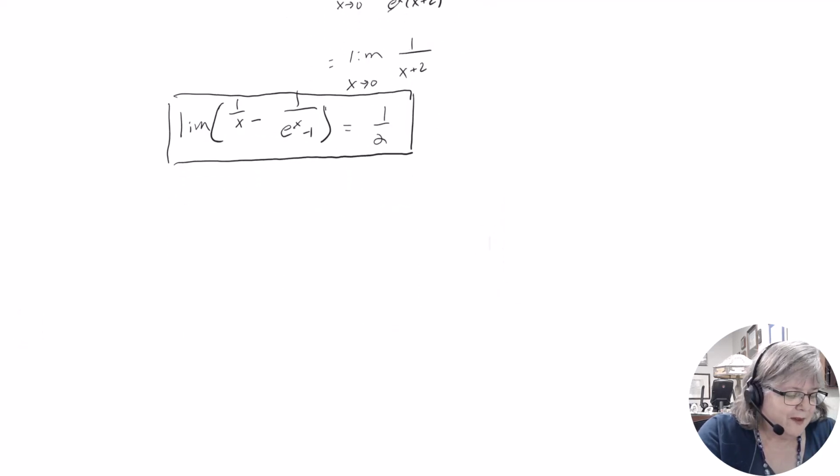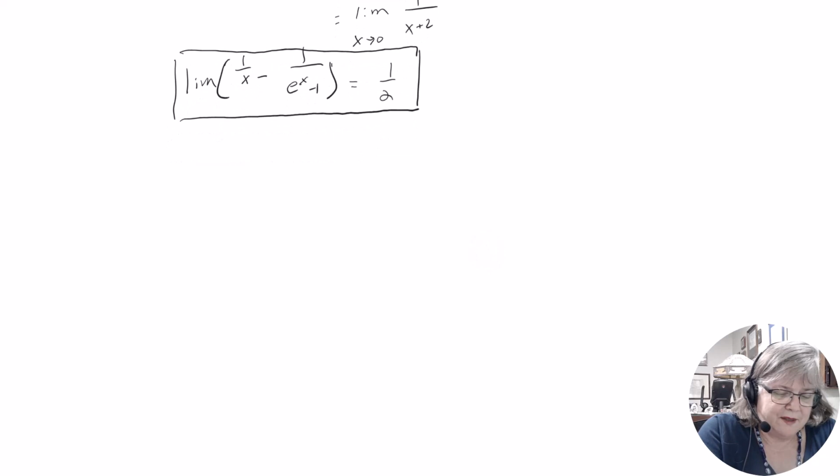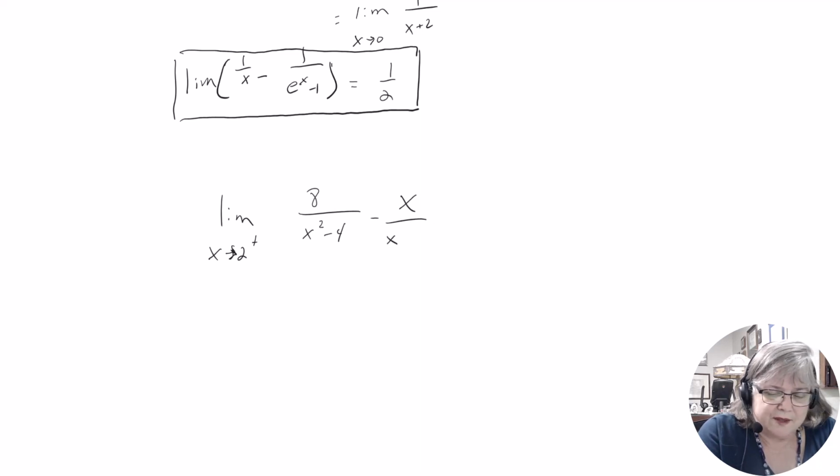All right, one more. The limit as x approaches 2 from the right of 8 over x squared minus 4 minus x over x minus 2. All right, let's see what we've got.